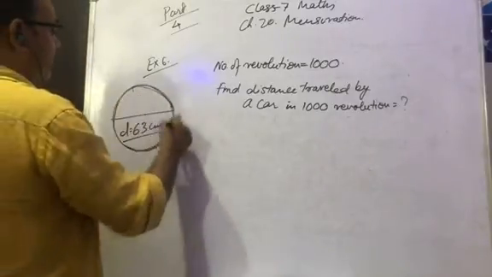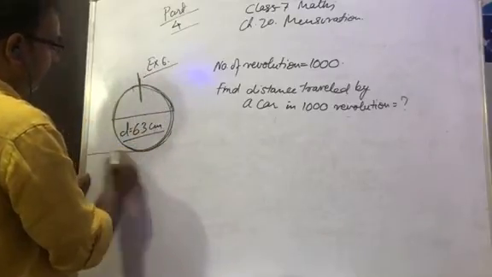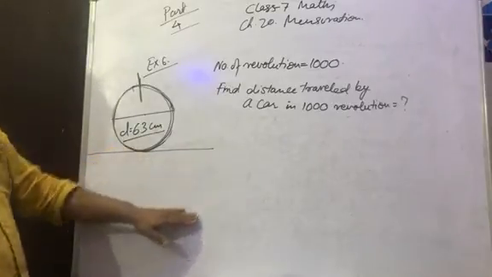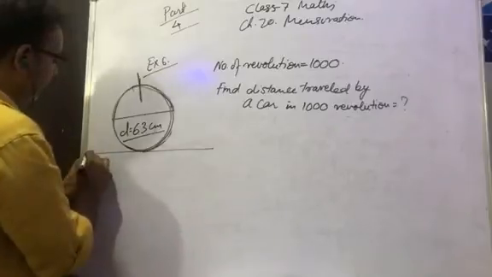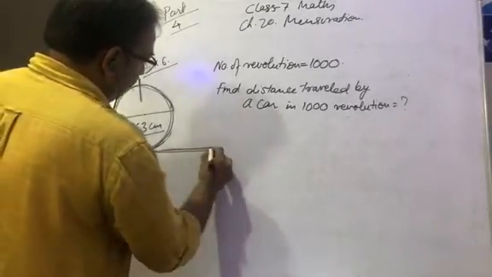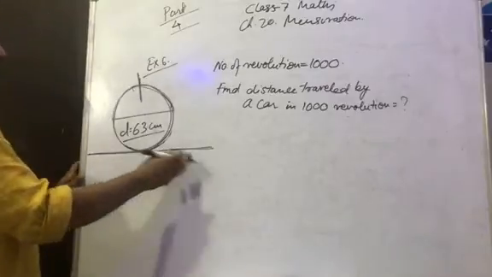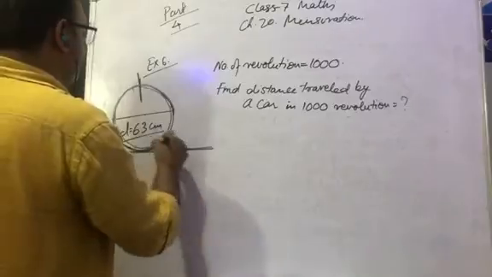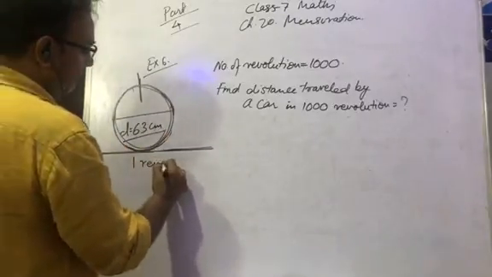See, if it is a circle and if we cut from here, you can see this is a straight line. So it means that when the wheel rotates, it travels a distance, and that distance is equal to the circumference in one revolution.